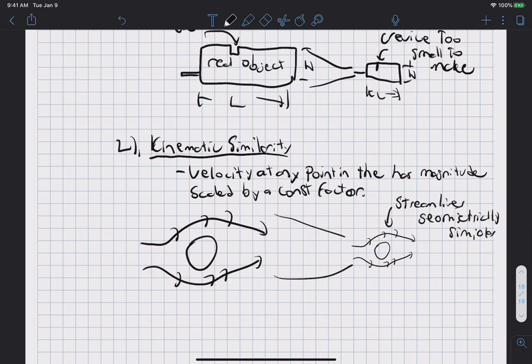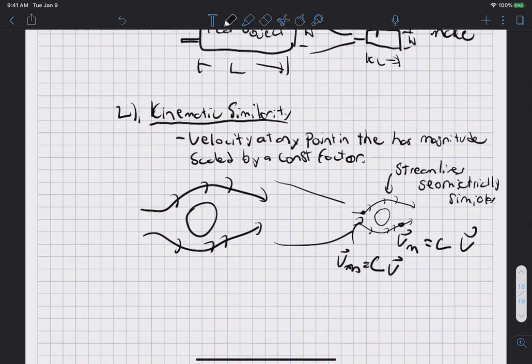And V of the model here equals some scaling factor times V of the real object, and the velocity at this location here is equal to the same scaling factor times the velocity of the real object at that location. So the velocities are basically slowed down or sped up by the same factor everywhere.